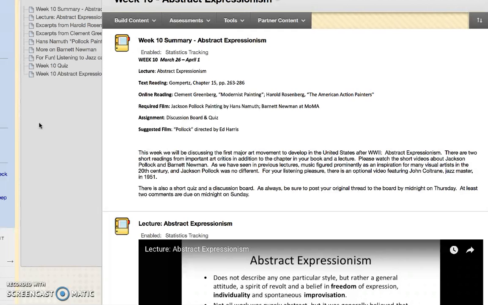It's helpful, though, perhaps, to look at the discussions, read each other's discussion posts, and see who seems to be really nailing the material, who's able to connect art across periods or make really complex relationships between artists and artworks, and see how they compare and contrast. So it's always a good idea to read each other's postings.